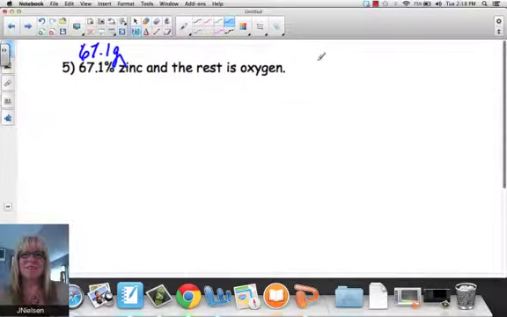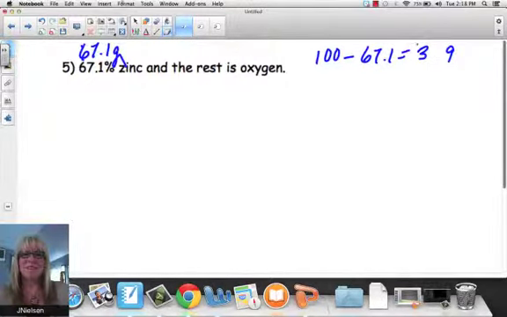Well, if you know that everything's based on a 100-gram sample, 100 minus 67.1 equals 32.9. So that would be for oxygen, 32.9 grams of oxygen.